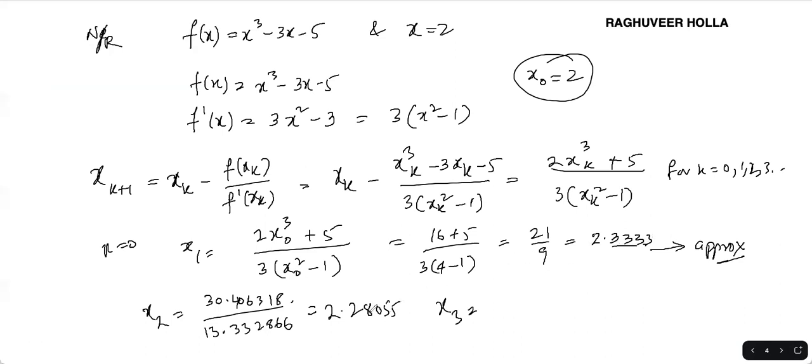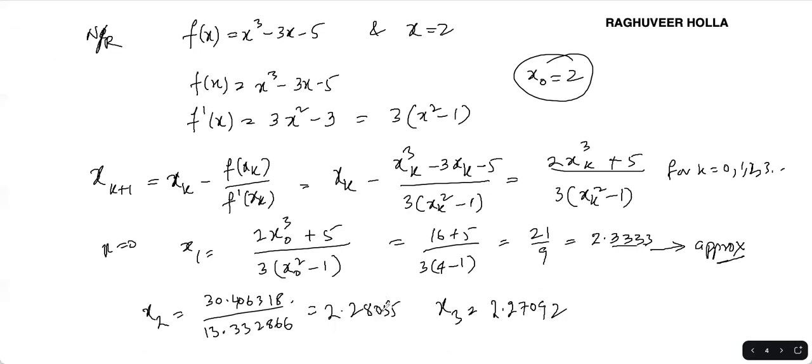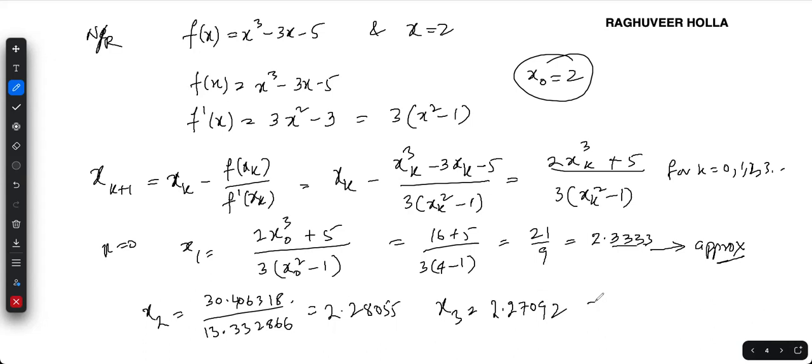Here corresponding to 0.28055, right? So this would be 2.27092. Okay, so you can see there is a 0.1 decimal change here. Let us move on further.